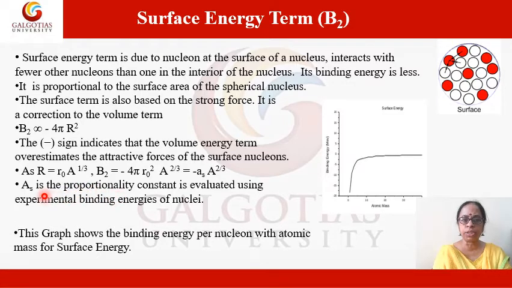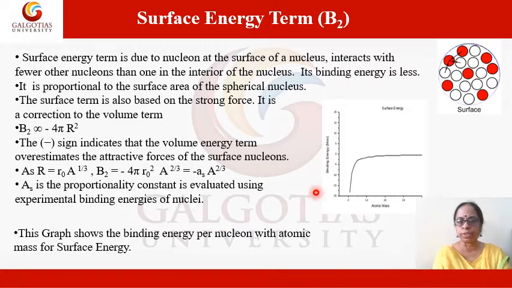So we can use this r in the expression of B2 and B2 becomes equal to minus 4 pi r naught square A to the power 2/3, which is equal to minus AS A to the power 2/3. AS is the proportionality constant and is evaluated using experimental binding energies of the nuclei.